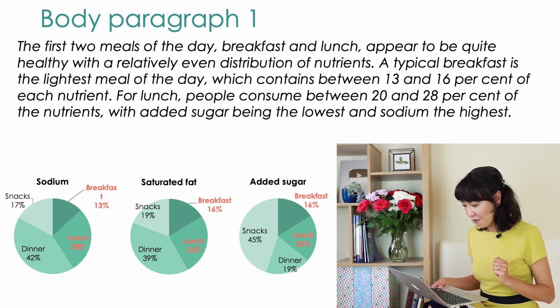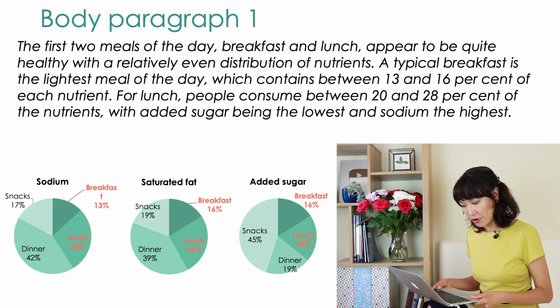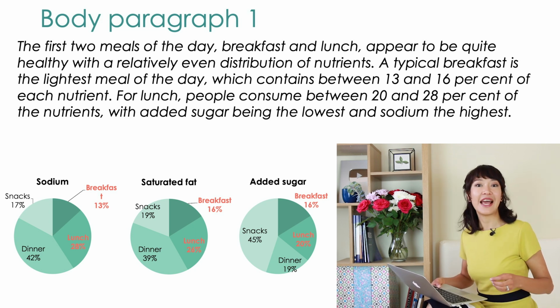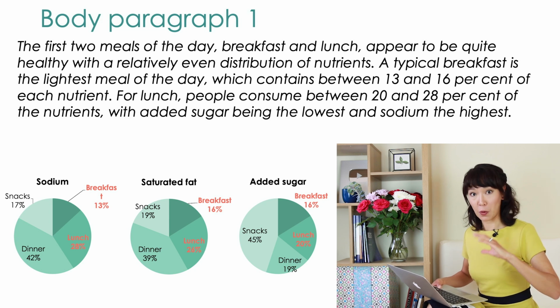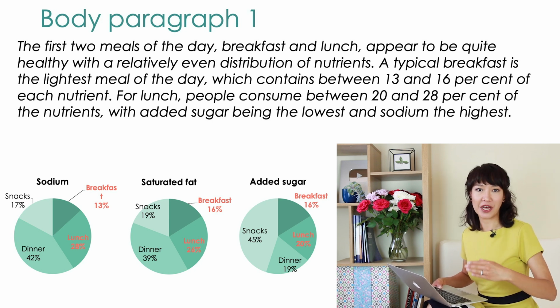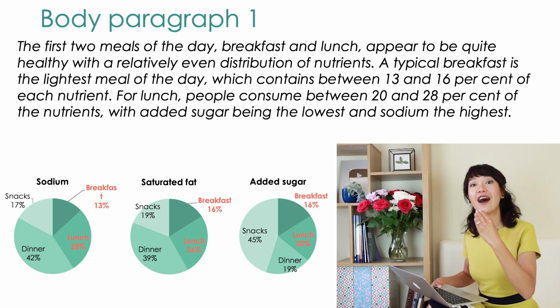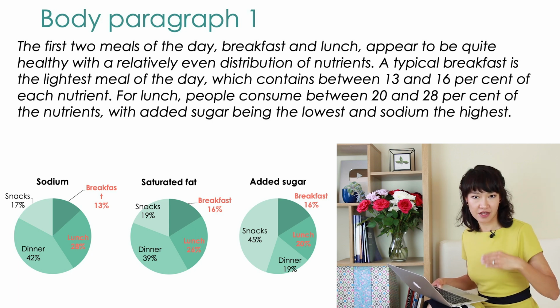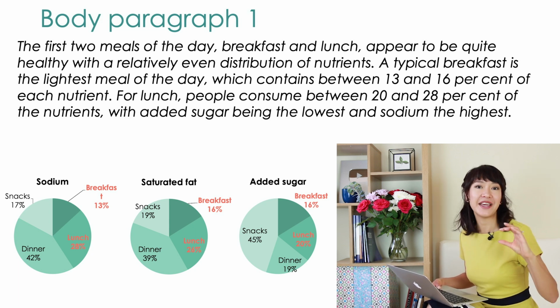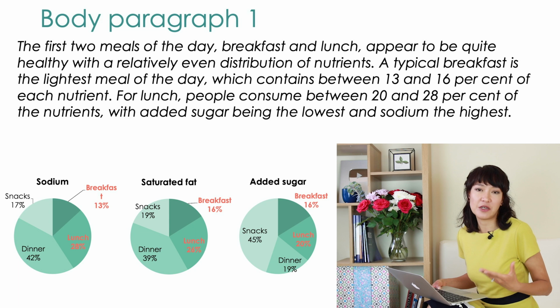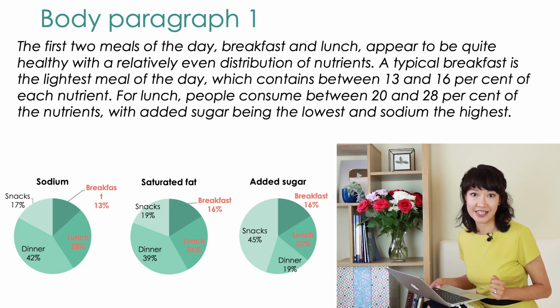Next, for lunch, people consume between 20 and 28% of the nutrients, with added sugar being the lowest and sodium the highest. So here the range is a bit wider, and I told which one is the lowest, which one is the highest, and we know that the third nutrient is somewhere in the middle, and again, it's not that important to know where exactly it is.